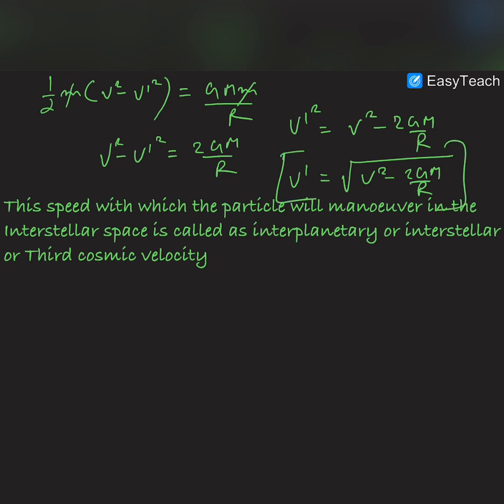This velocity is called the third cosmic velocity.